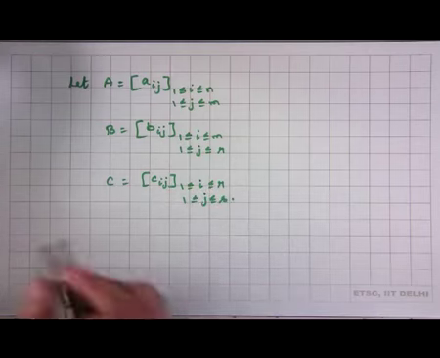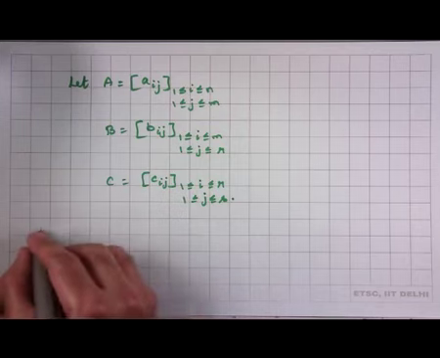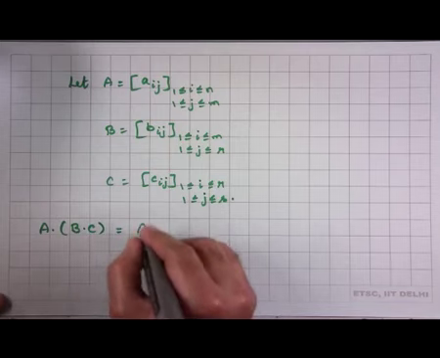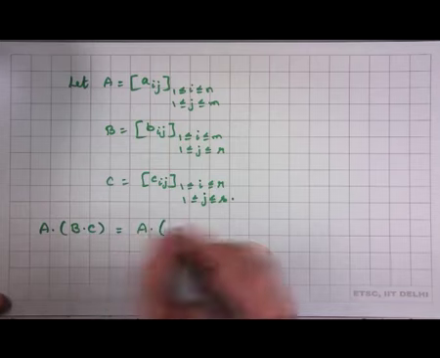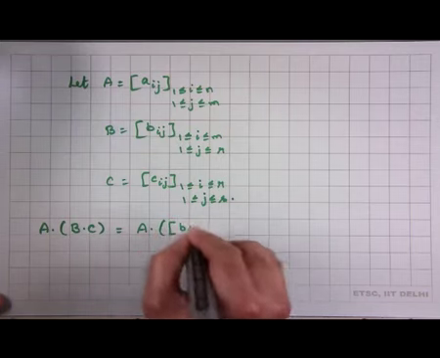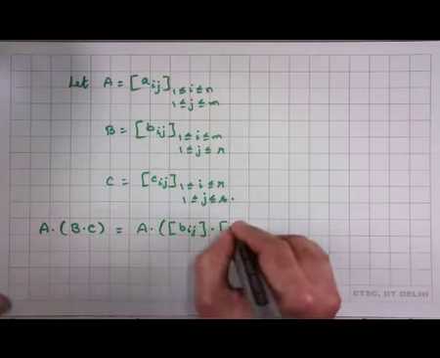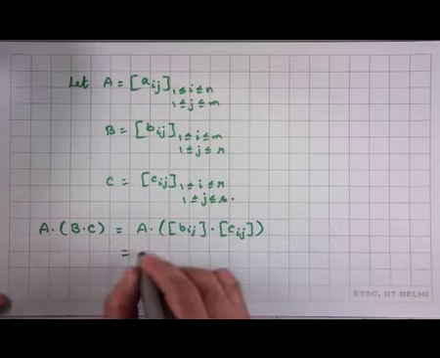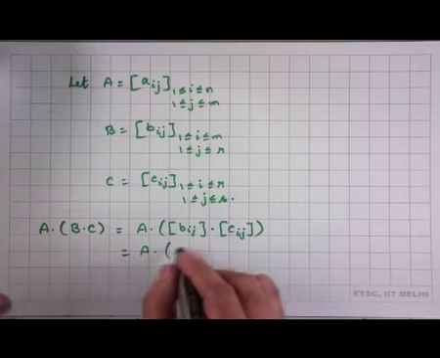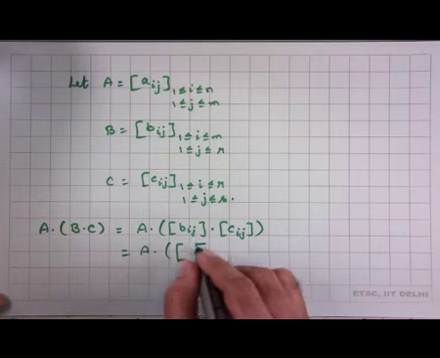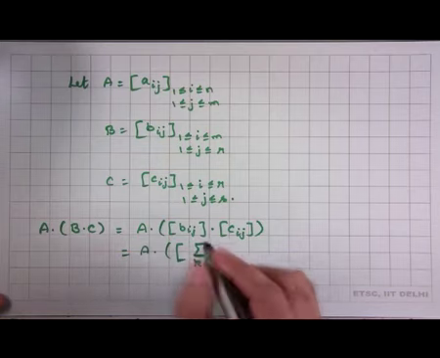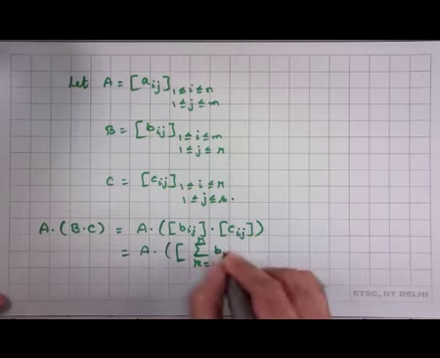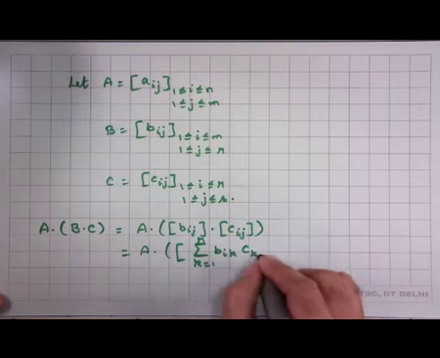Now, let us try to calculate A dot (B dot C). B dot C is the matrix Bij dot with Cij. If you multiply these two, the resulting matrix will have entries summation k running from 1 to r, b_ik c_kj.